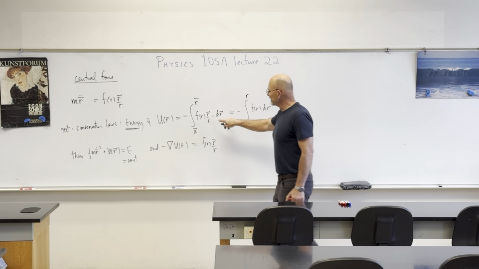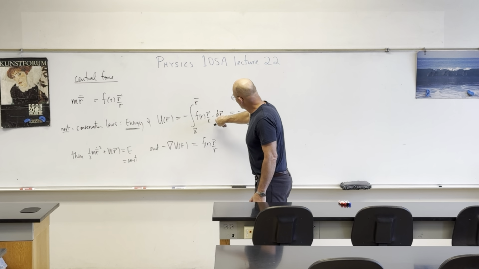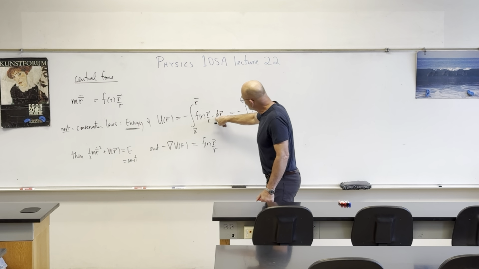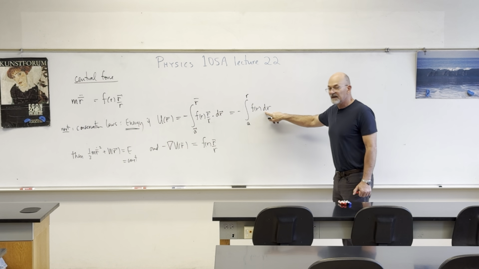And that's actually pretty elementary. So the dot product between this increment of your contour with this radial vector is always just going to be the dr.